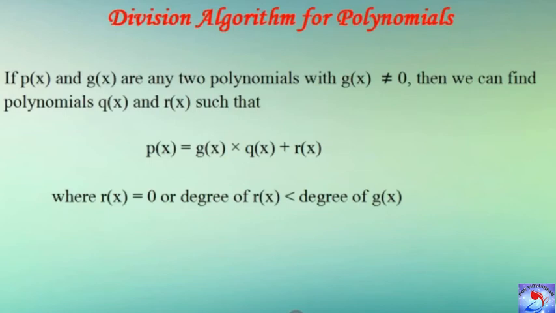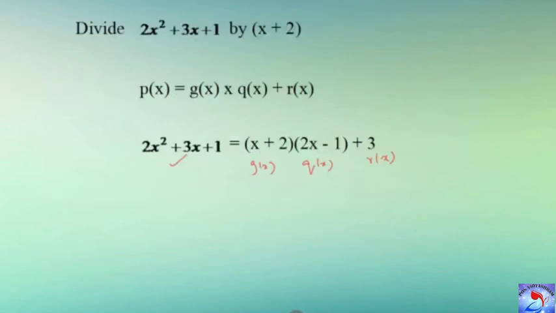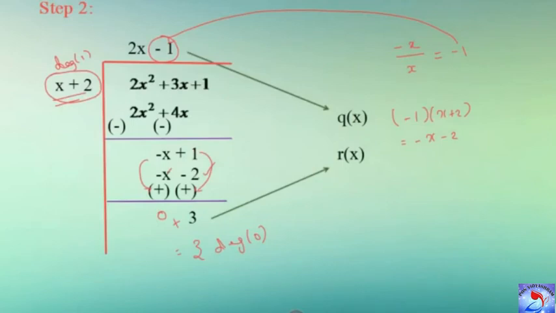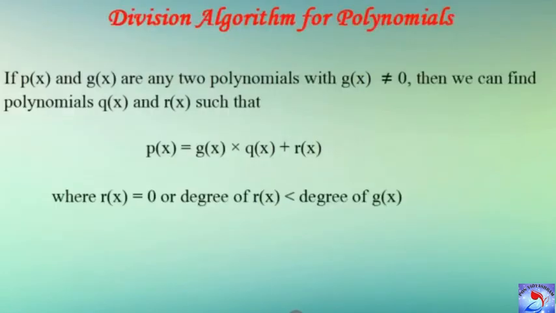So we will be stopping our division only when either r of x is equal to 0 or the degree of r of x is less than the degree of g of x. You can check it here. The degree of r of x here is 0 and here the degree is 1. So the degree of r of x is less than the degree of g of x, and this is why we stopped our procedure. So with this you would have got a better idea about how to divide two polynomials and what to proceed with and what not to do.